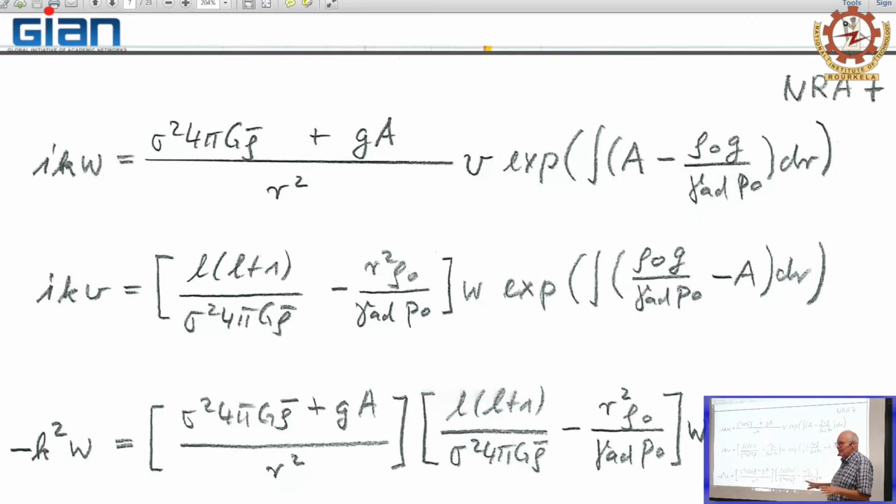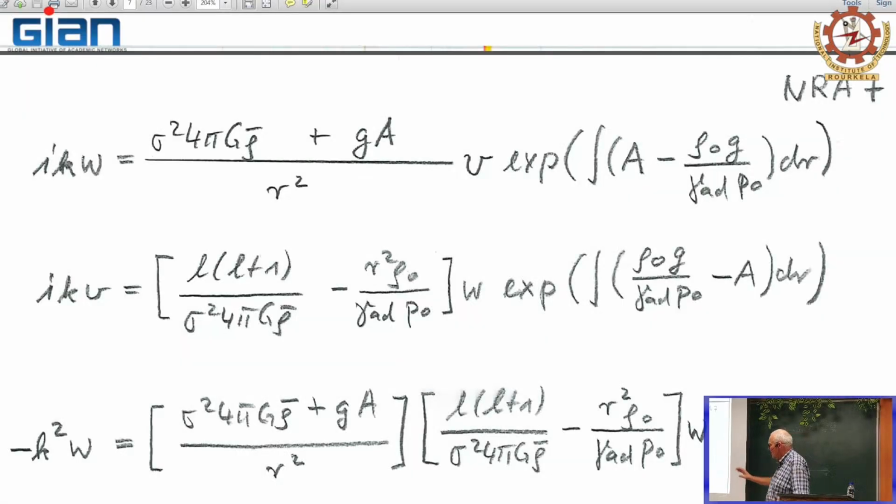So in the end, we get a relation between wave number and frequency. We have already seen such relations; this is usually called the dispersion relation. It depends on the other parameters of the system as well.